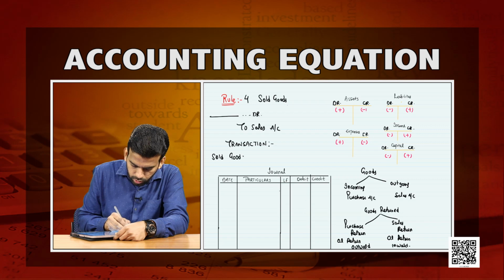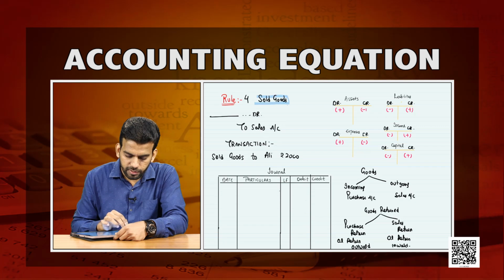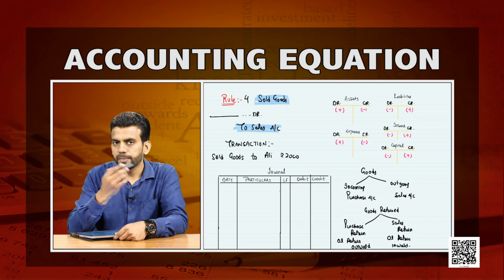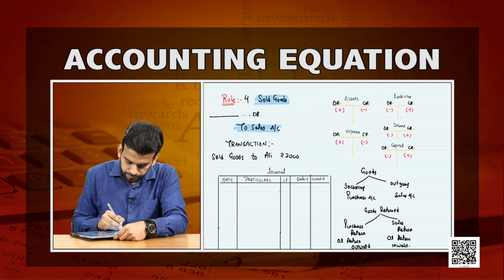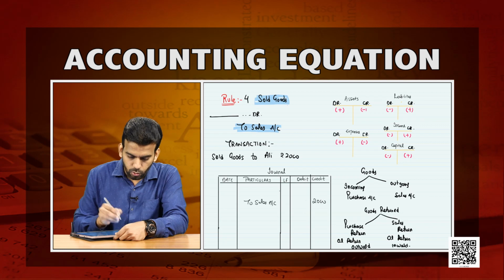Sold goods to Ali. We sold goods to Ali, and the rule says whenever we find the words sold goods. Goods is the word. Sold building, no. Sold goods, right? The rule says sales account is to be credited. Fine? Sales account is credited, and which is the second account?